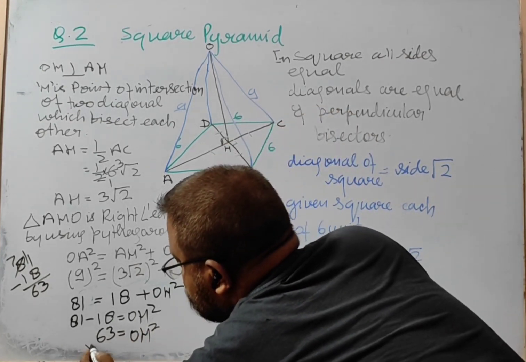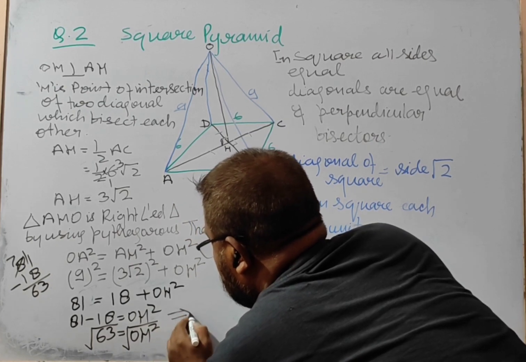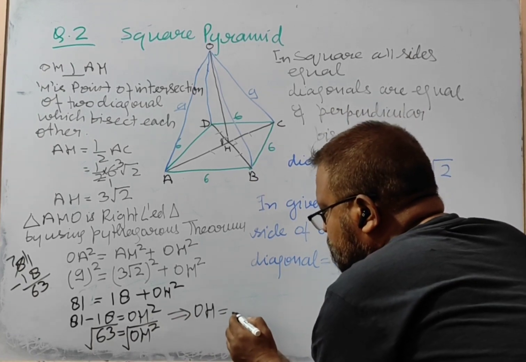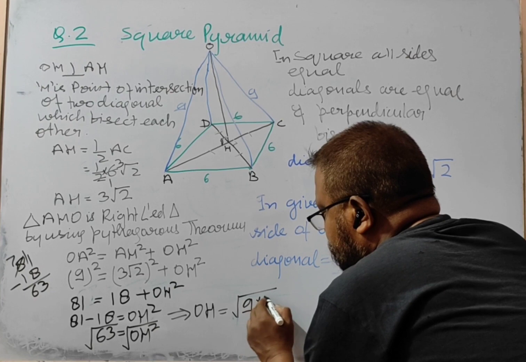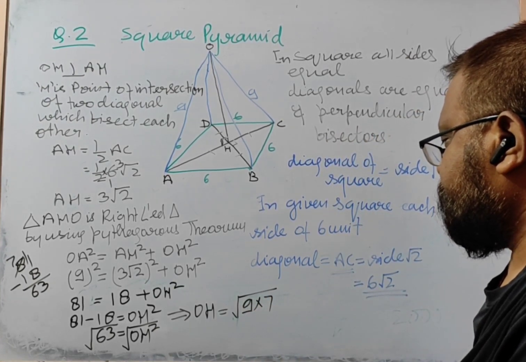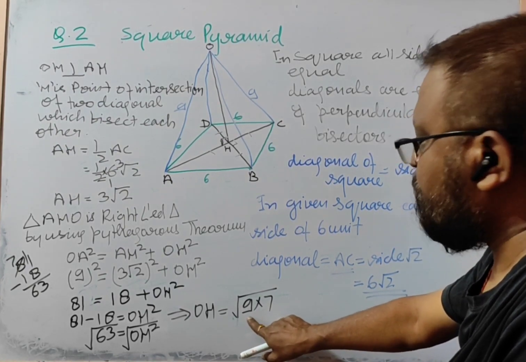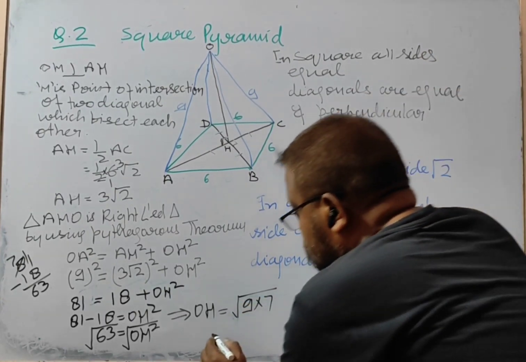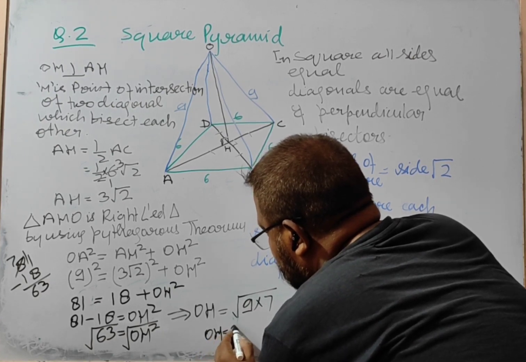So taking the square root on both sides, we get OH is equal to root 63. 9 times 7 is 63, and 9 is a perfect square of 3, so it will come out. So OH is equal to 3 root 7.